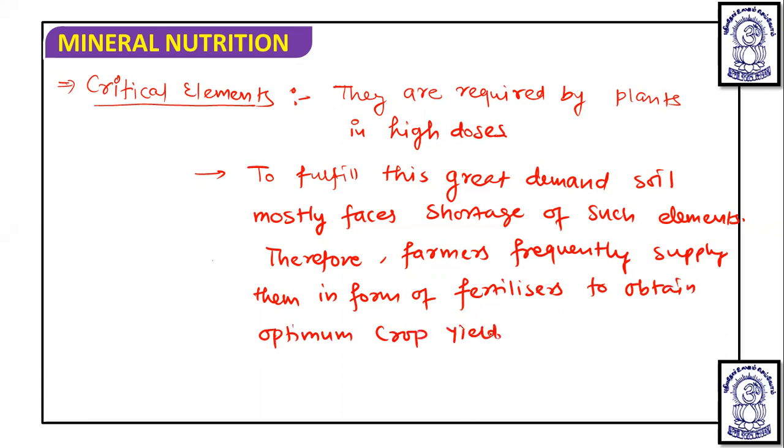So obviously there is a shortage because plants need them in such large amounts. Examples of such critical elements are nitrogen, phosphorus, and potassium. These are the important critical elements.